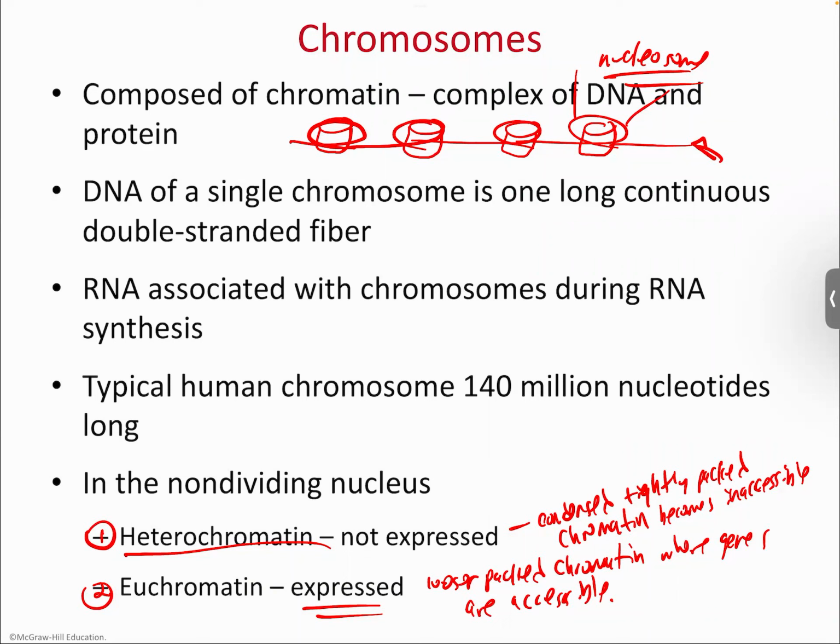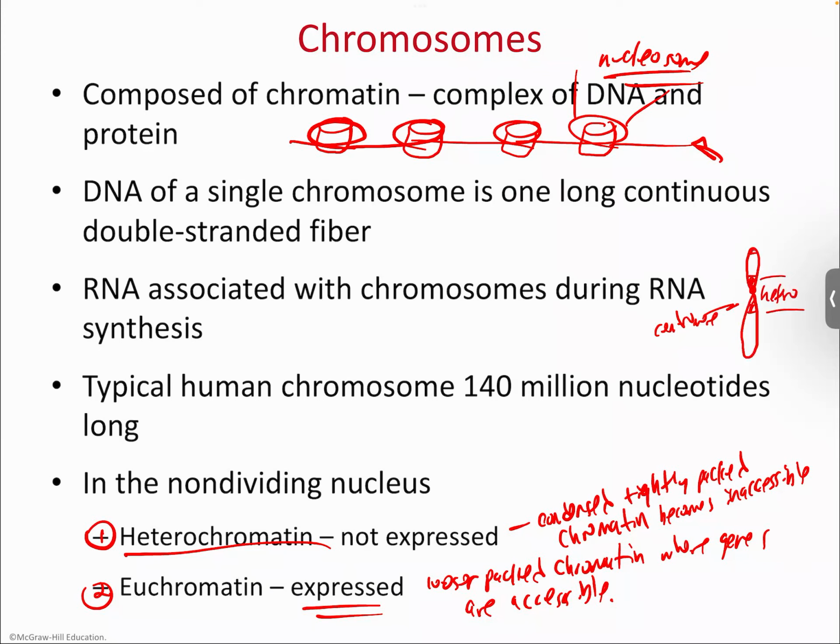For instance, on a chromosome, here's your centromere, the constriction point associated with the chromosome. Here's your long arm and here's your short arm. In and around the centromere are areas of heterochromatin.